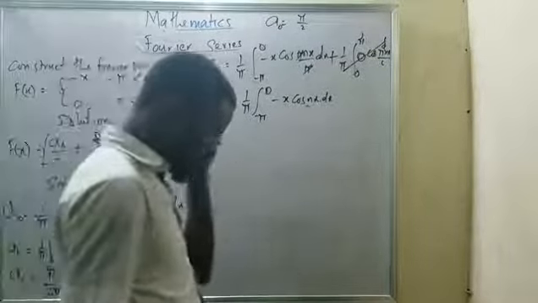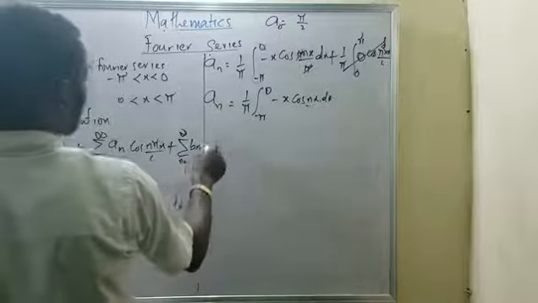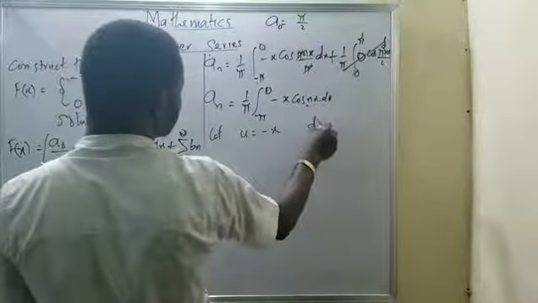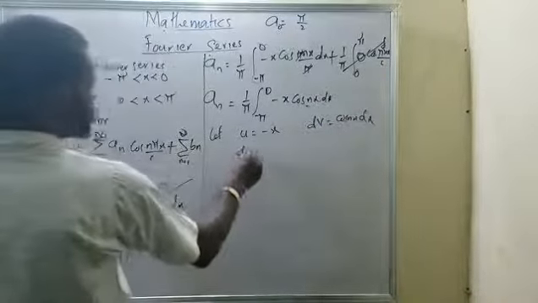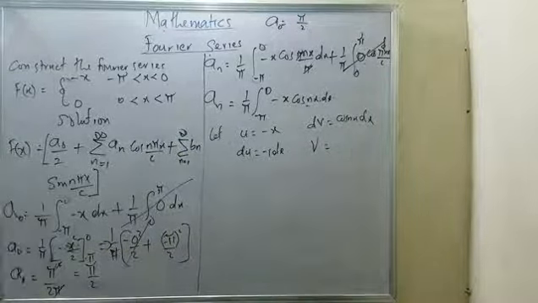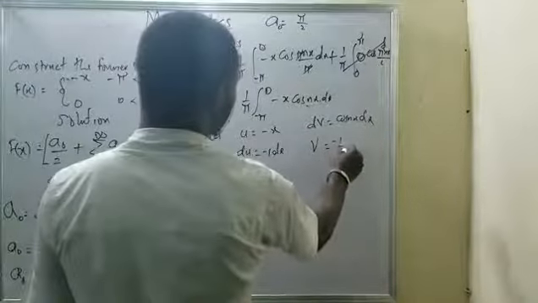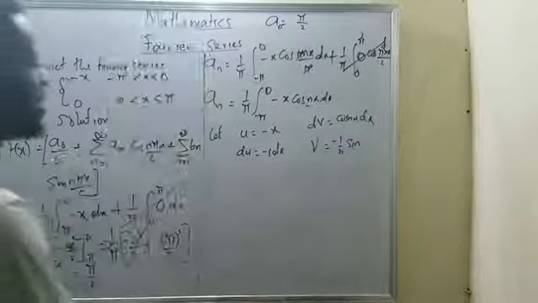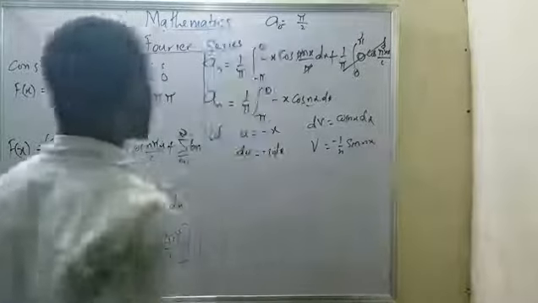Integral by parts, we have done it earlier. I can say let my u equal minus x, and my dv equal cos nx dx. Then du equals minus 1 dx, and v, when I integrate this, equals 1 over n sine nx.